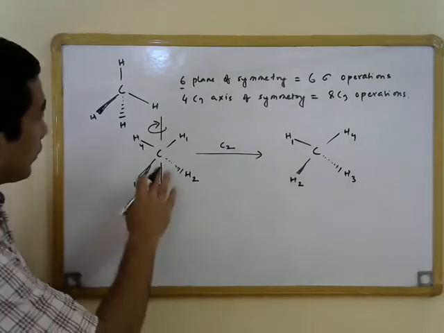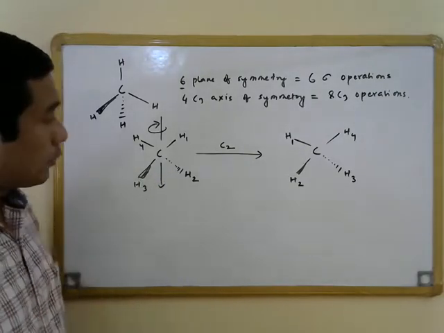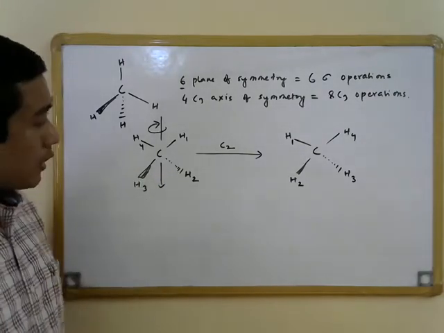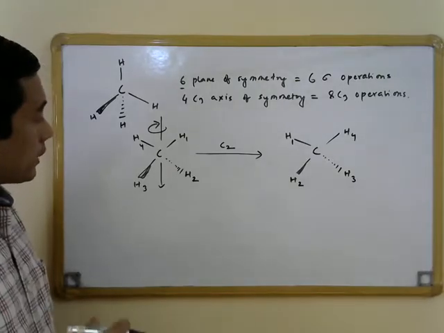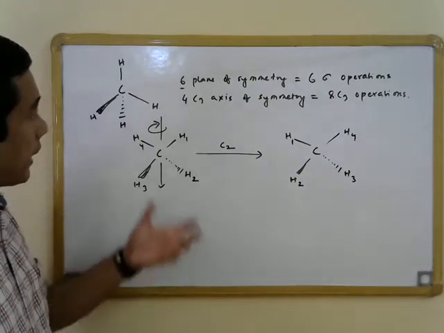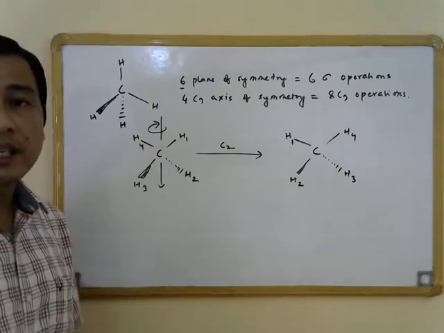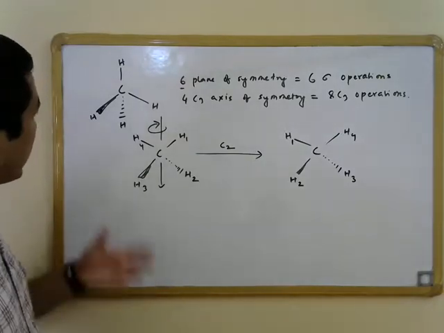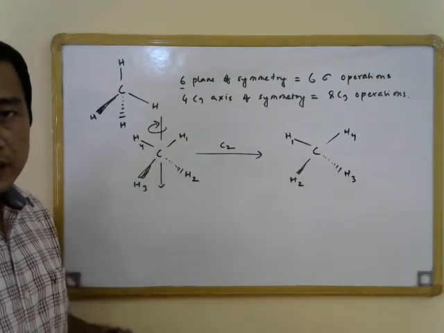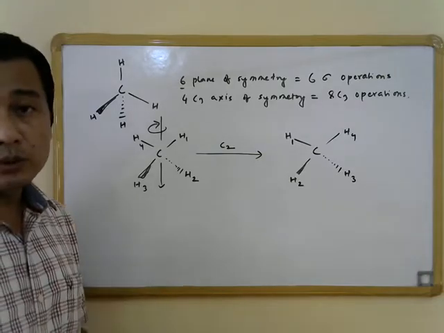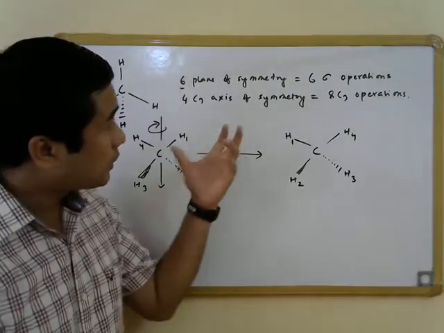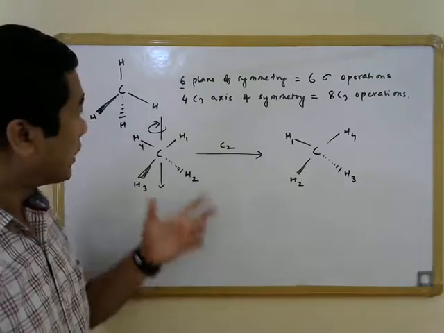So we could identify at least one C2 axis of symmetry in the tetrahedron. But again, as in the case of the planes of symmetry, the hydrogen atoms here are all equivalent in nature, and that is what allowed us to identify all the planes of symmetry. There are 6 planes of symmetry in the tetrahedron.